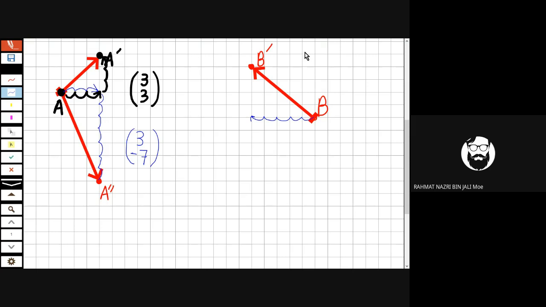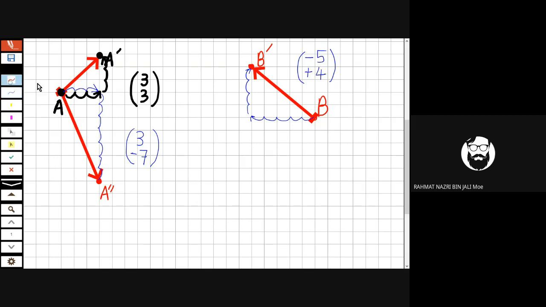Okay, bila ke kiri kita dapat negative 5. Kemudian dia bergerak ke atas 1, 2, 3, 4. Bila ke atas positive 4.